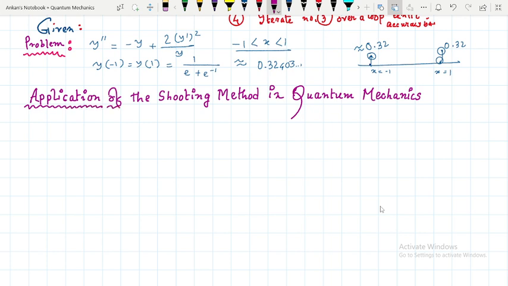So now I am going to apply this shooting method to solve the Schrodinger equation, which is a fundamental equation of motion for quantum mechanics.